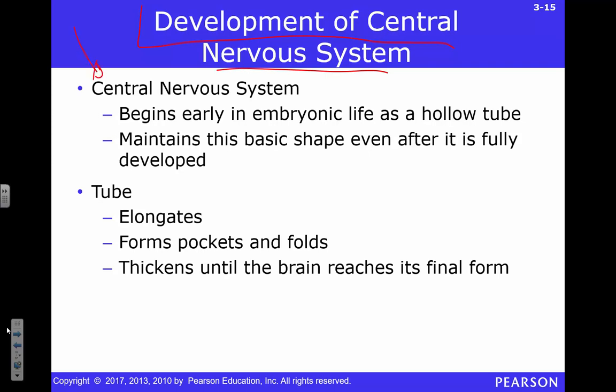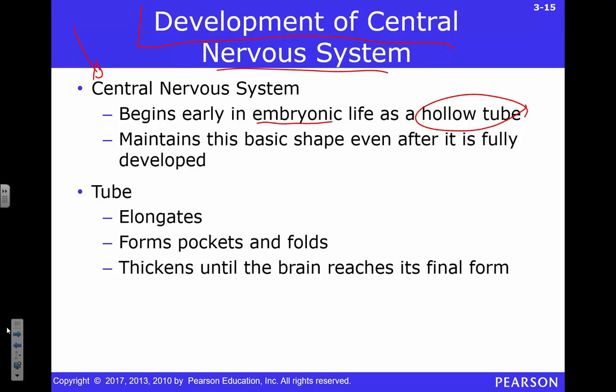So, the central nervous system starts pretty early in your embryonic life, and it's really just a hollow tube, right? You have this hollow tube up the middle with some neural tissue wrapped around it. Essentially, that's what your adult nervous system is. If you think about your brain and your spinal cord, you put those ventricles in there, and then you've got a hole going down your spinal cord too, and it's full of CSF.